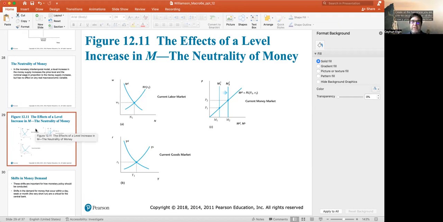Money is neutral. When we say money is neutral, we mean that changing the money supply does not change real quantities. And therefore, of course, there are economists who don't believe in this, who don't buy these arguments, I would say.